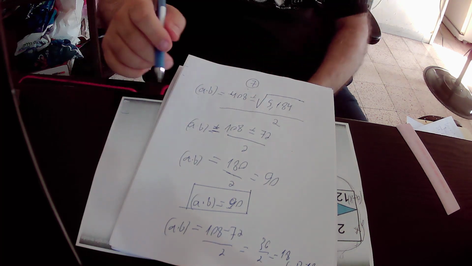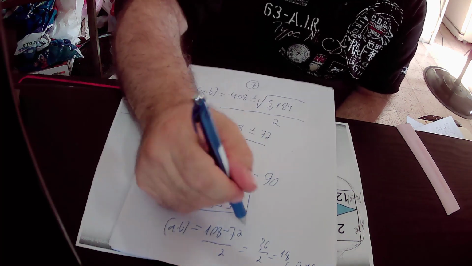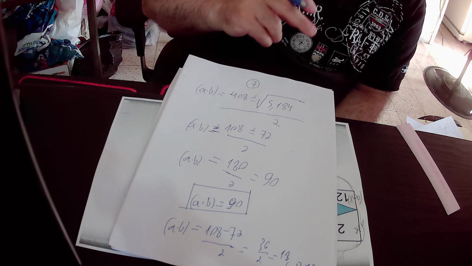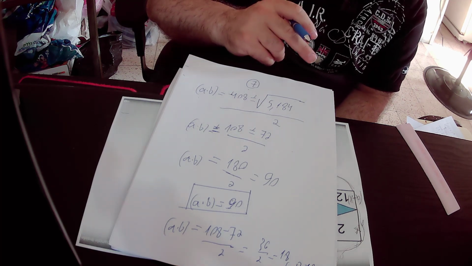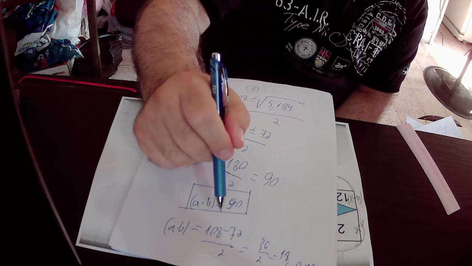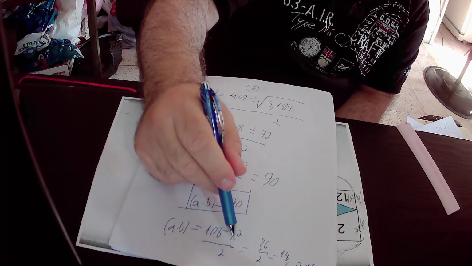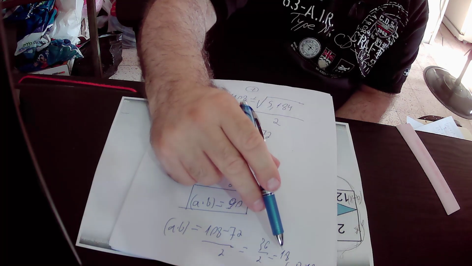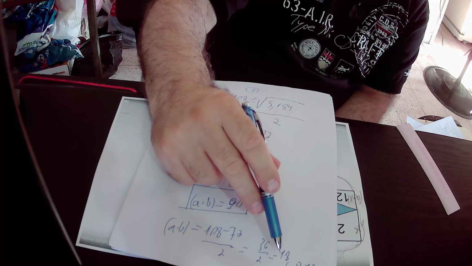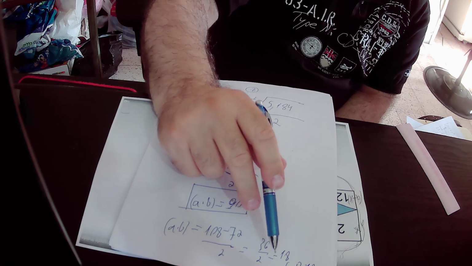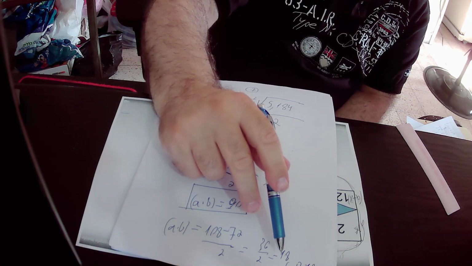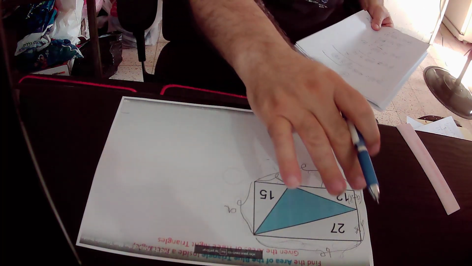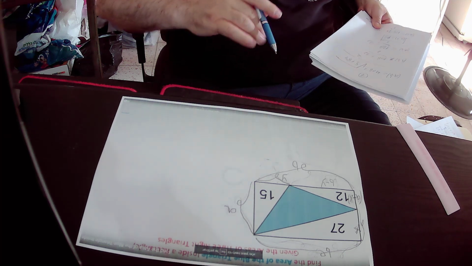Repeat again. The second solution for A times B, the second root of our specific quadratic equation, is 108 minus 72, which is 36, and 36 divided by 2 is 18. So the area of this rectangle would equal 18 units.